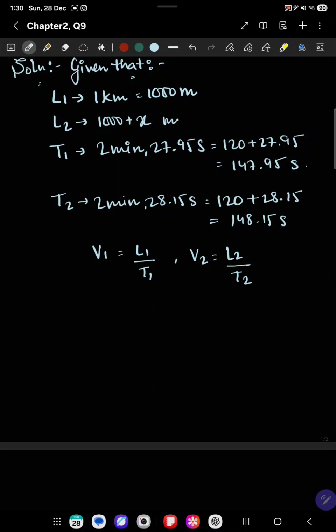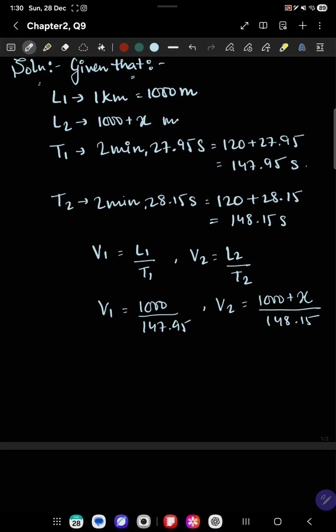So v1 can be written as 1000 upon 147.95, and v2 can be written as 1000 plus x upon 148.15, right?